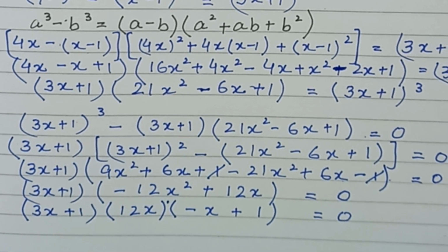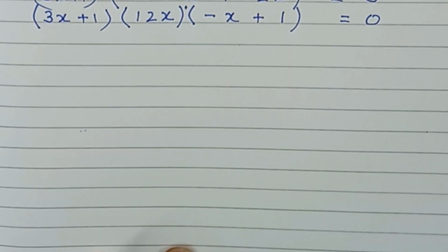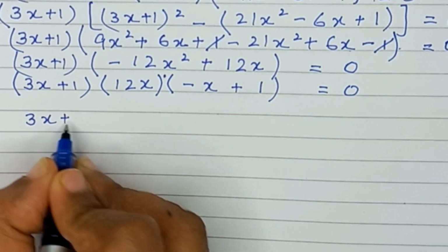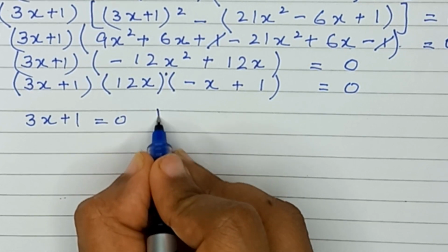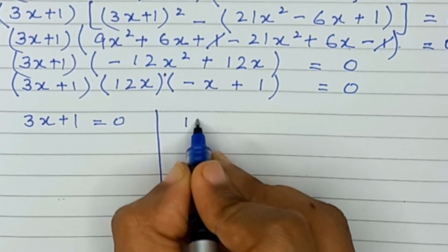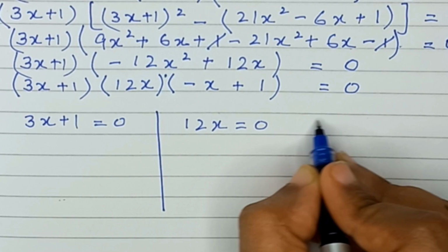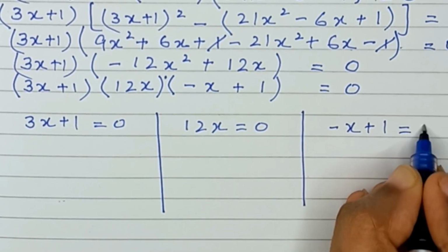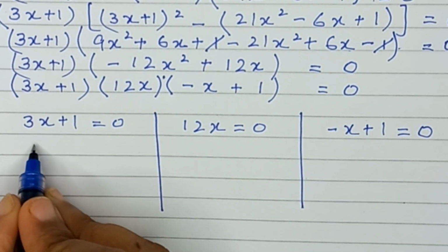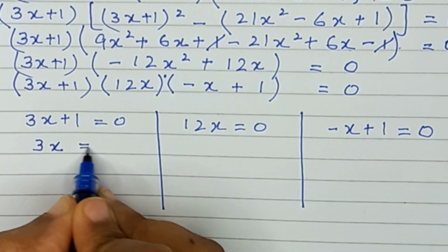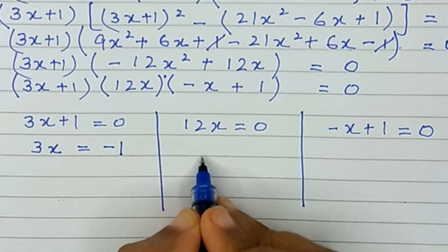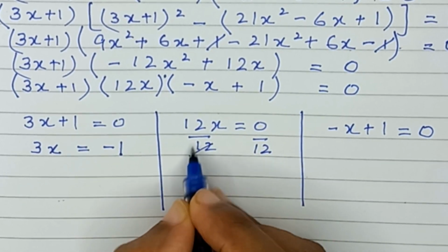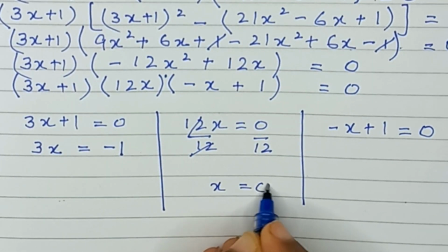So we have three cases: 3x+1 is equal to 0, and 12x is equal to 0, and from here −x + 1 is equal to 0. So from here it will be 3x equal to −1, and from here we will divide both sides by 12, so x will be equal to 0.